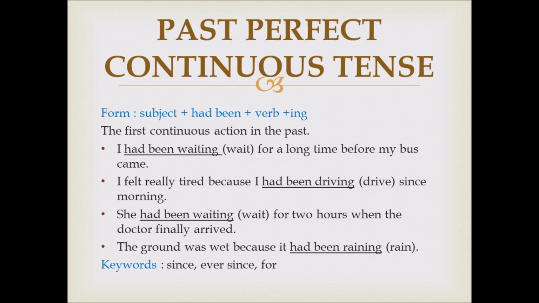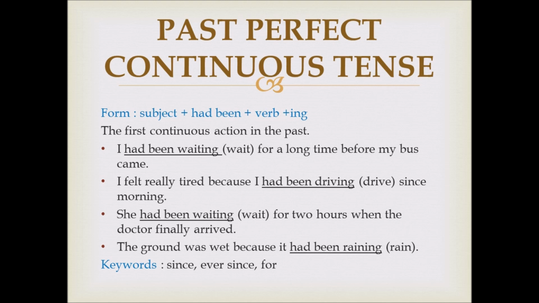So the first action is driving. Okay, that is since morning I have been driving. So the second action is feeling tired. We are indicating the first action in past perfect continuous tense and the second action in past tense. Next example, she had been waiting for 2 hours when the doctors finally arrived. The ground was wet because it had been raining.